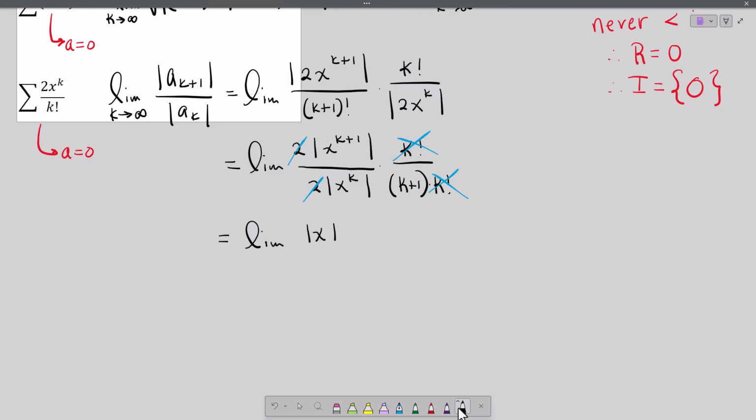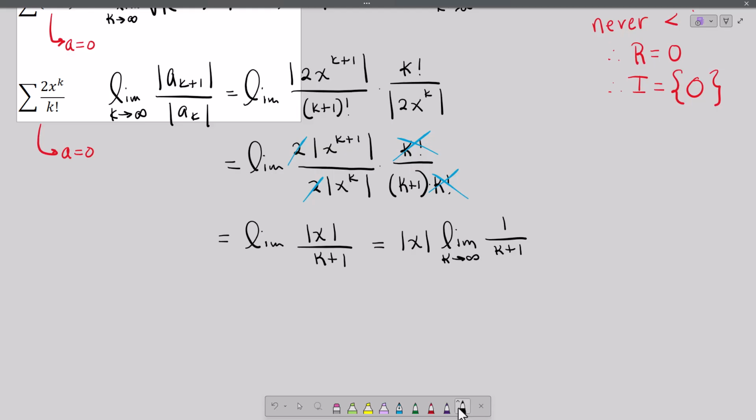And we have a k plus 1 in the denominator. Once again, the x does not depend on k. If it doesn't depend on k, that means it can be treated like a constant. It can factor to the front.